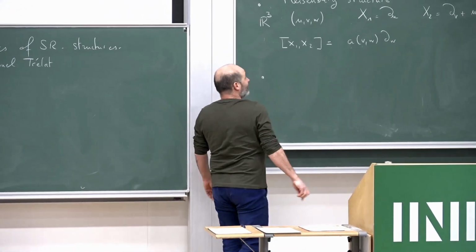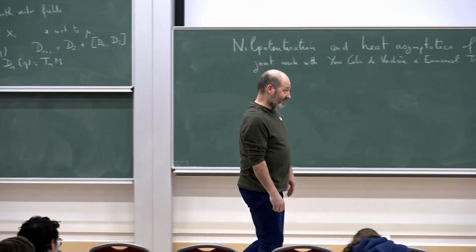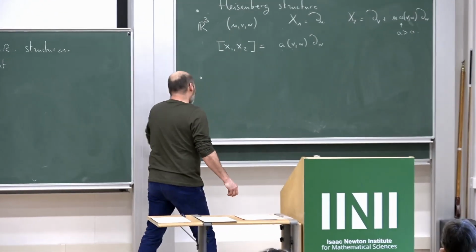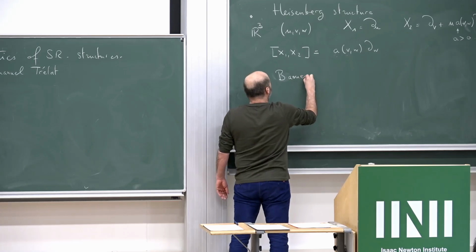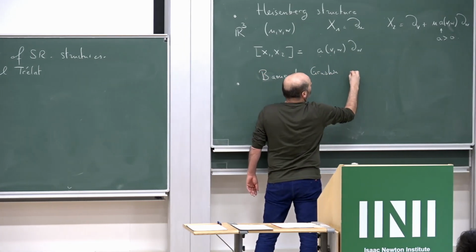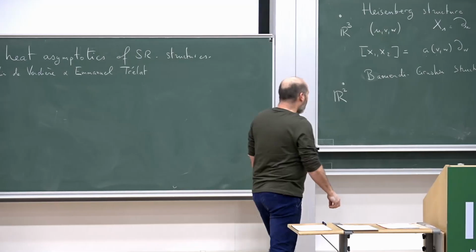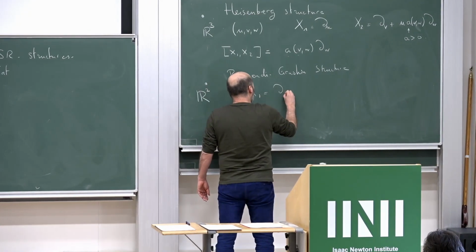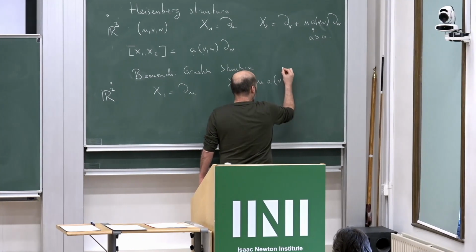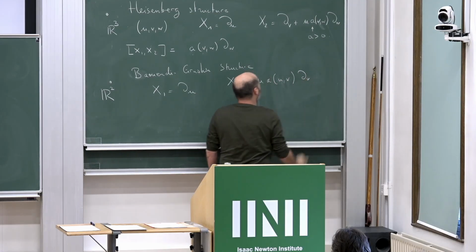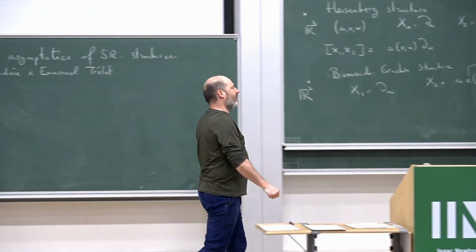And then I have a second example. These are the first two basic examples in any sub-Riemannian geometry course. The second one is what I call a Baouendi-Grushin plane structure. This time I'm in R2. X1 is also d_u, and now X2 is u a(u,v) d_v. I don't have any w here, and I make the same assumption on a, that it is positive everywhere.